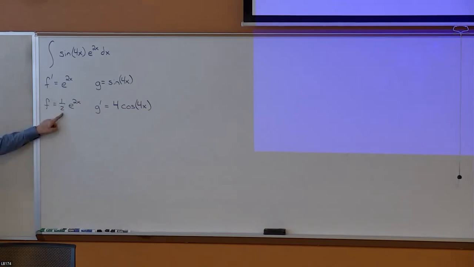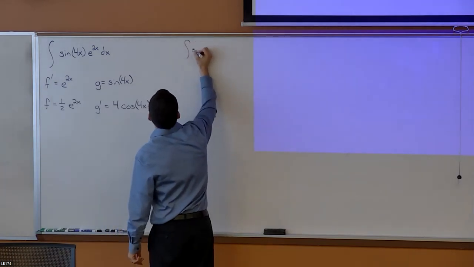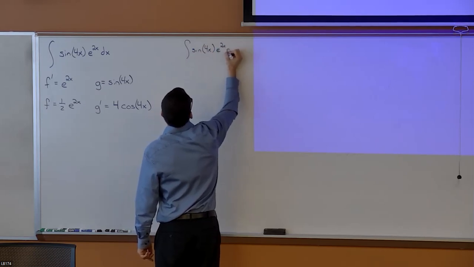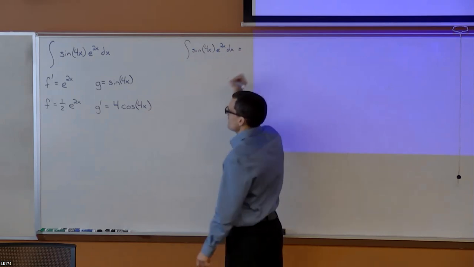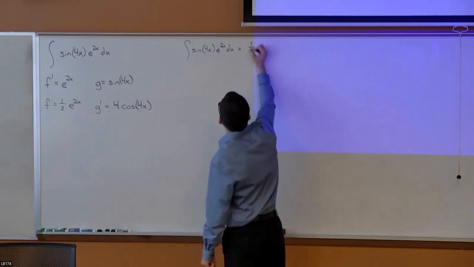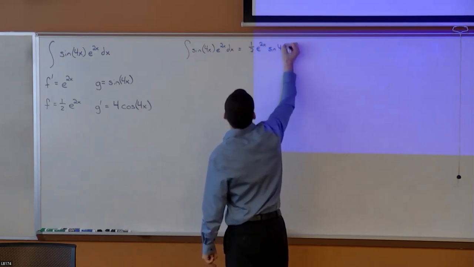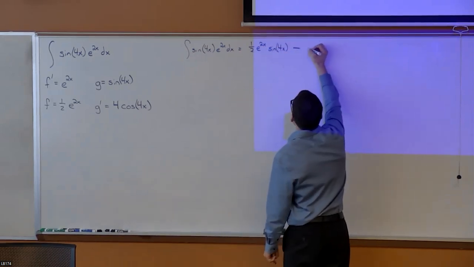And then when I integrate e to the 2x, I get 1/2 e to the 2x. All right, so this integration is going to be f times g minus integrating f times g prime.